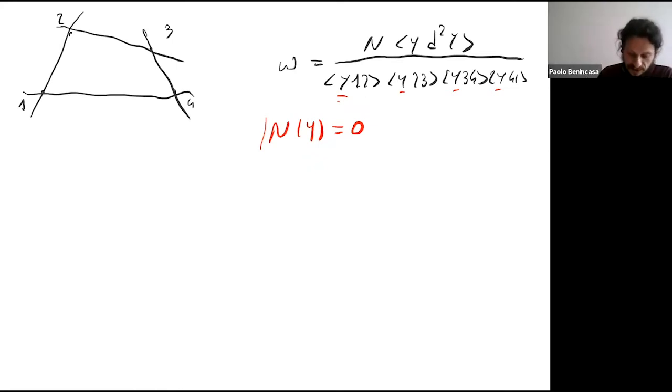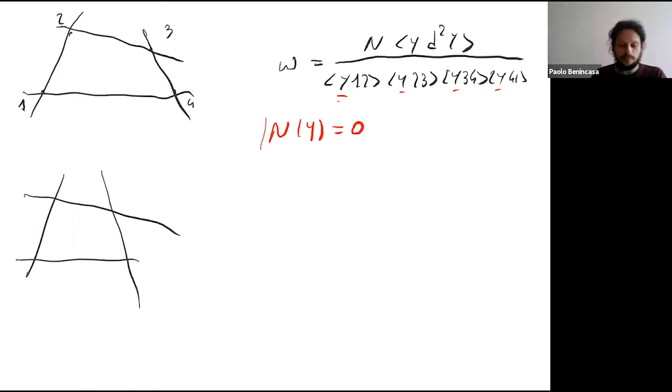There is a nice geometrical way to figure out what this numerator is. Let me rewrite my quadrilateral here.